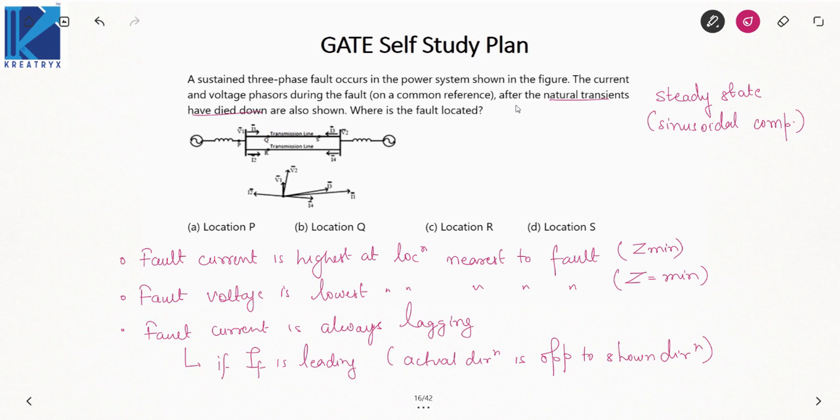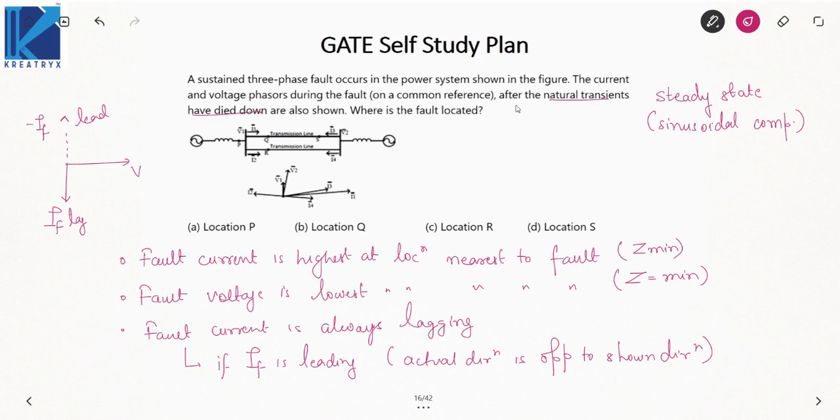The direction that is shown to you is opposite to the actual direction, because if I show a lagging current and you change the direction, it becomes leading. So that is what I am saying. If current is shown as leading, in that case the direction is opposite to the direction given. But if it is lagging, the direction is correct.